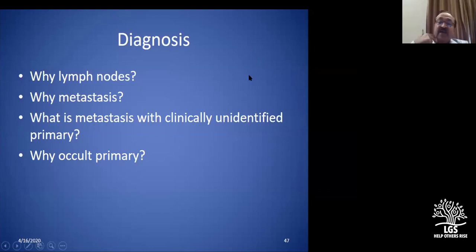One may have a nodal mass, and when you start examining with your finger, you may find a growth. Second is, you have done the oral cavity examination, clinically unidentified, but later when you do a panendoscopy, you found a lesion in the post-cricoid region. The occult primary means, in spite of everything, it is negative. Let us say this is occult primary.